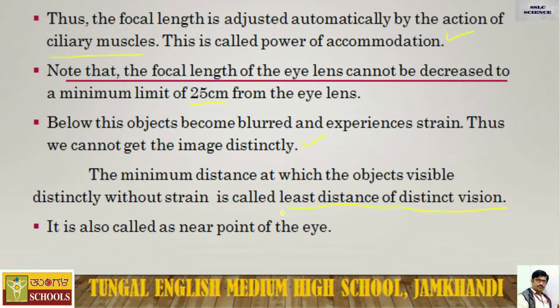So the image becomes blurred, and once the image starts to blur, the eye experiences strain, so you cannot get the image distinctly. This minimum distance at which objects are visible distinctly without strain is known as the least distance of distinct vision. This is also called the near point of the eye.